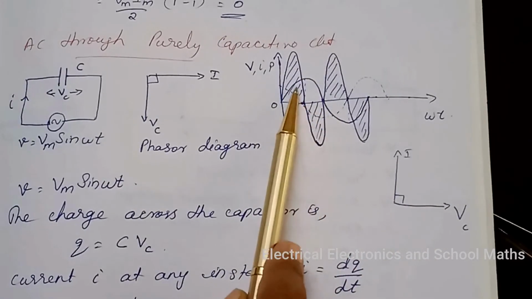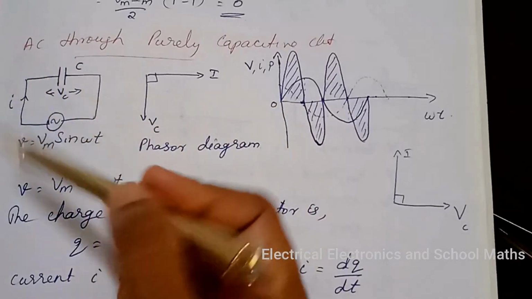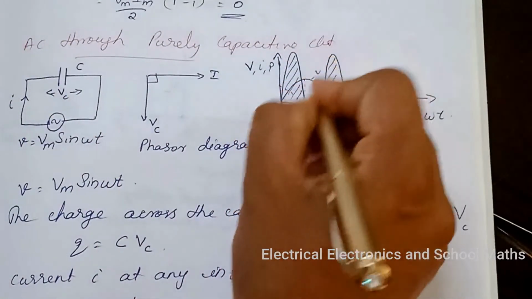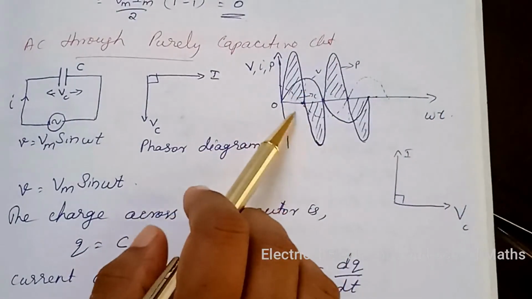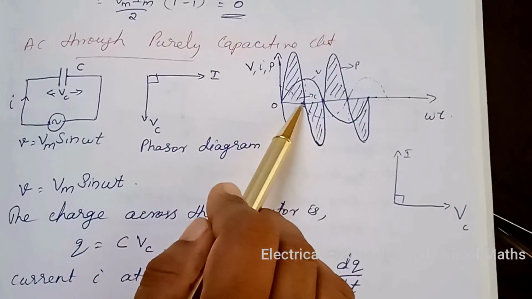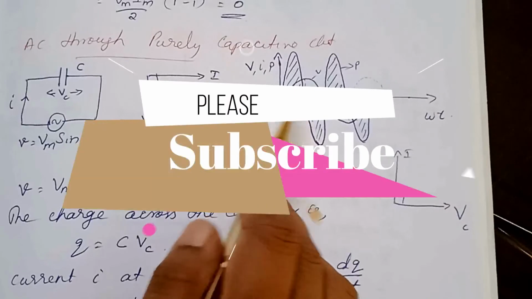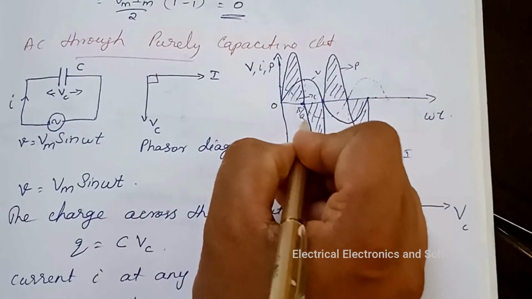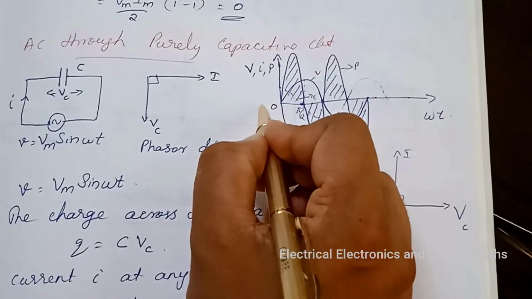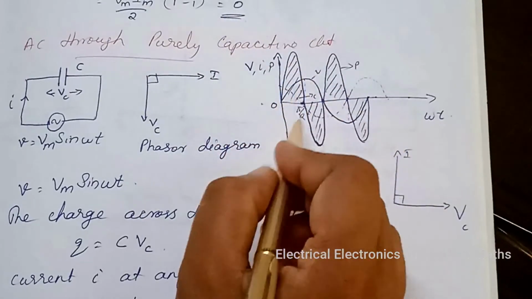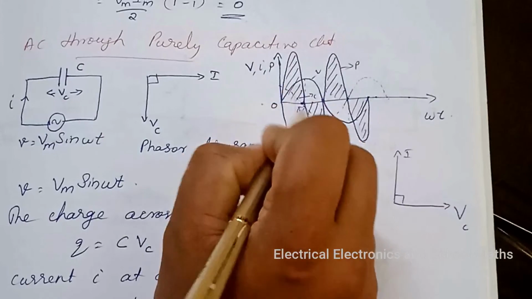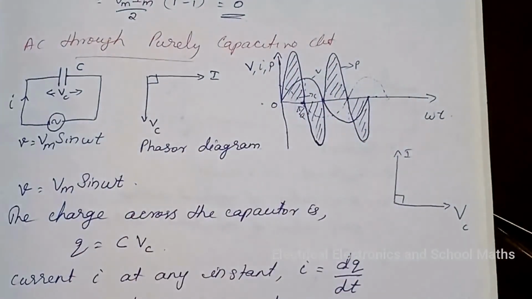And these are the waveforms of voltage, current and power. Here the current leads the voltage by an angle of pi by 2, and while taking the average value of power we get 0.